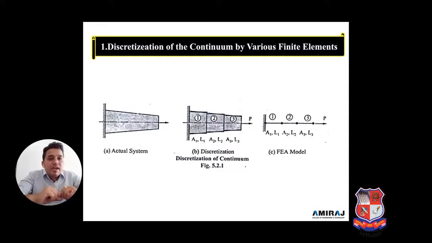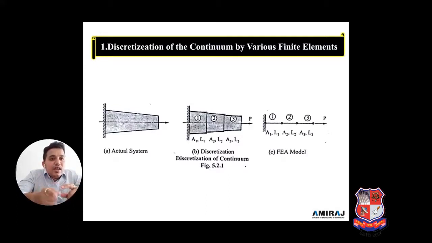If we want to find the proper static structural analysis of the cantilever beam, then we have to discretize it, as in the second figure B. Here the cantilever beam is divided into 3 elements, number 1, 2 and 3, with properties A1 L1, A2 L2 and A3 L3. At the end there is a force P, which is a tensile force.